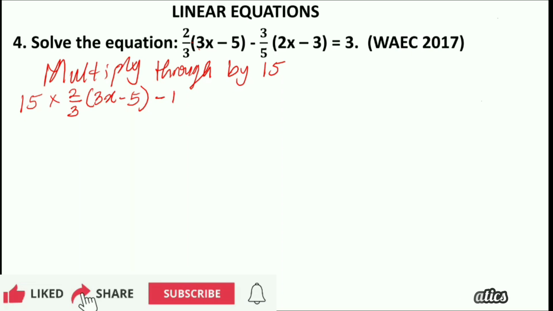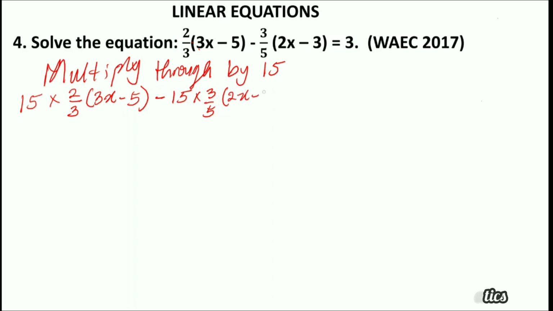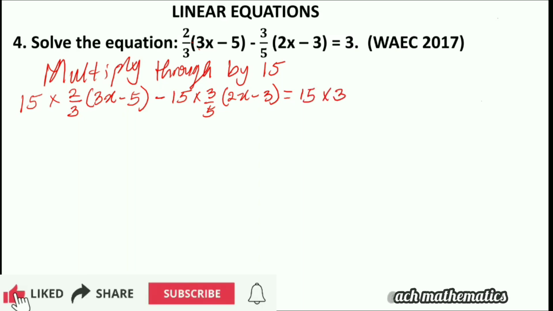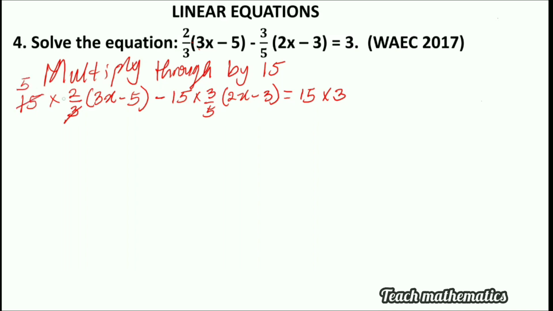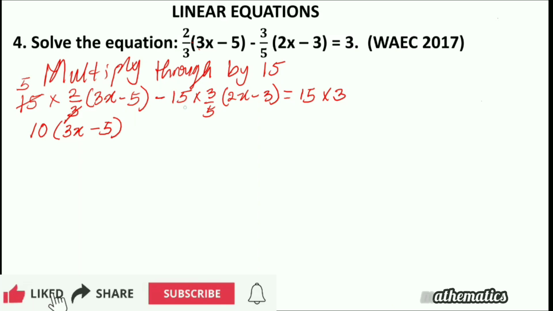And so minus 15 times 3 over 5 times 2x minus 3 equals to 15 times 3. And so here, 3 here 1, 3 in 15 is 5. 5 times 2, 10. And then times what you have in the bracket, 3x minus 5.